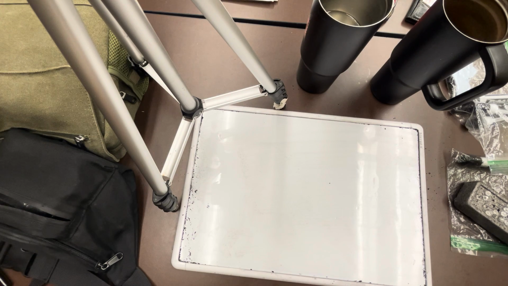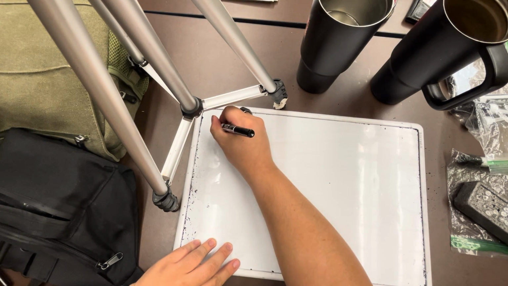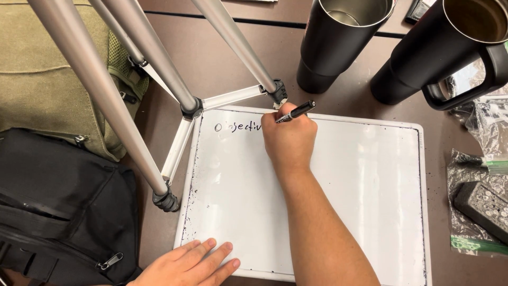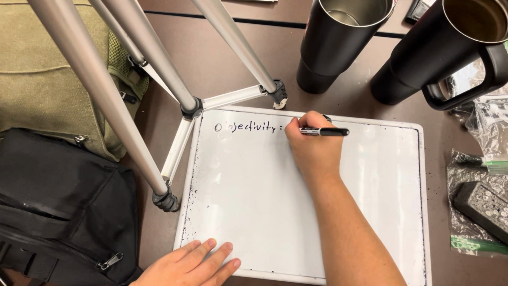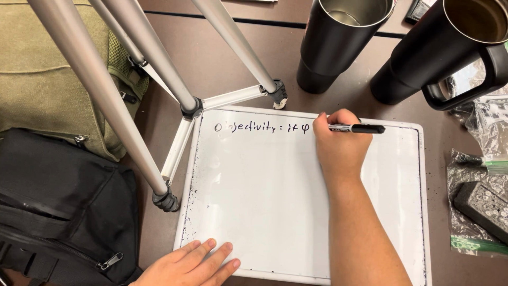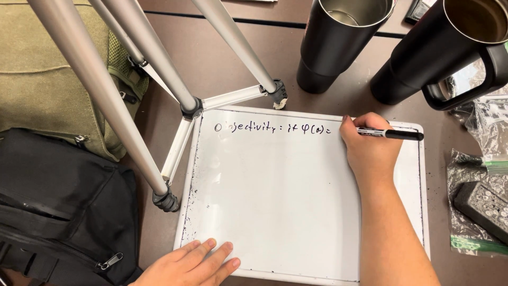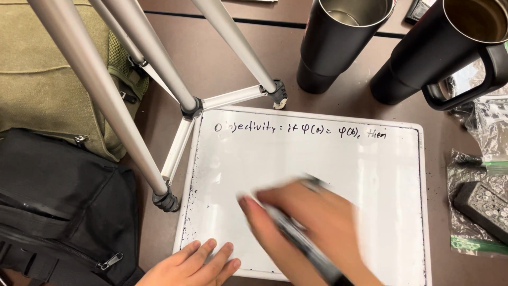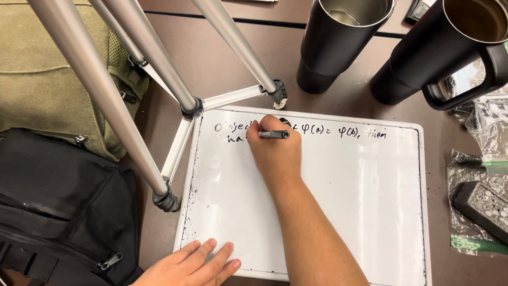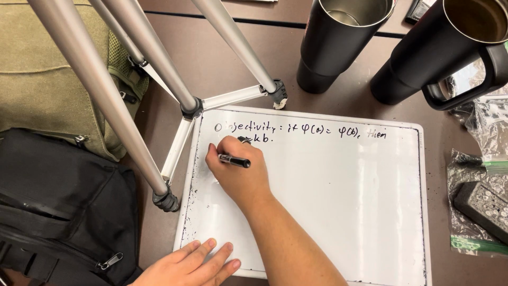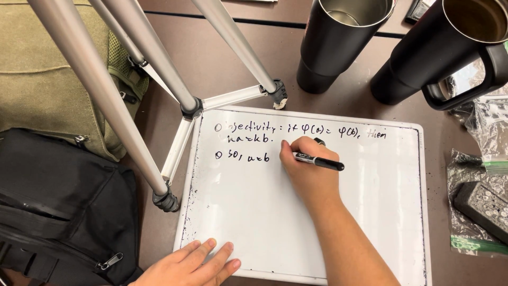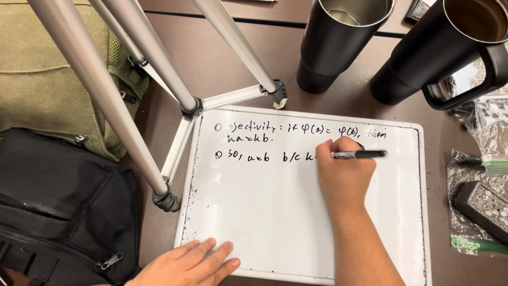So, for injectivity, if phi of a is equal to phi of b, then k times a equals k times b. So a equals b, and this is because, of course, k does not equal 0.